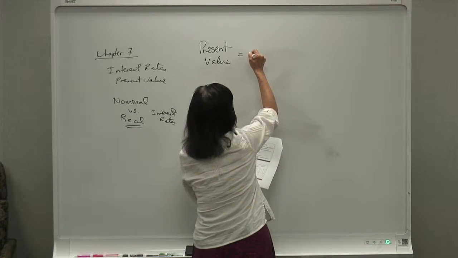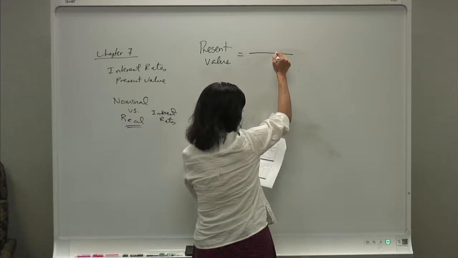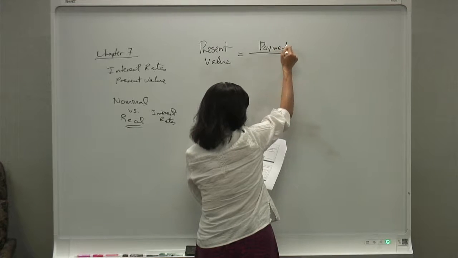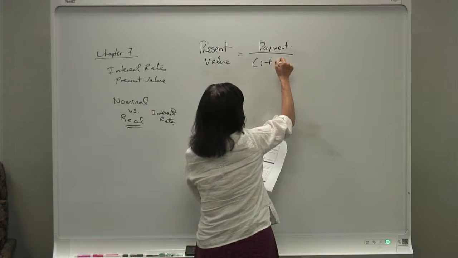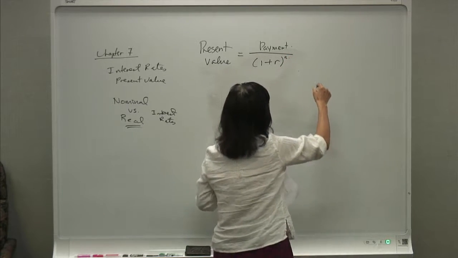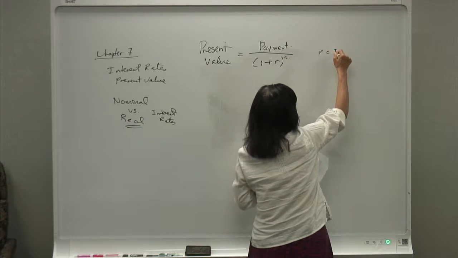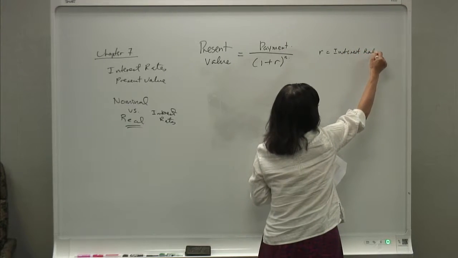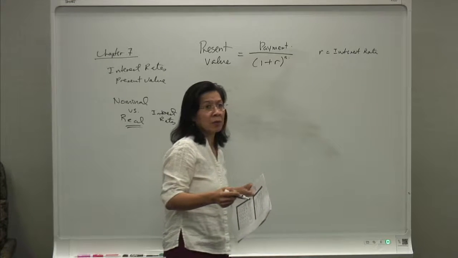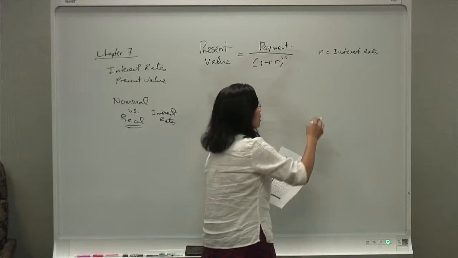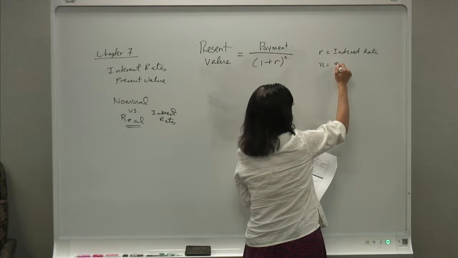Present value is your future payment divided by 1 plus r raised to the power n. Your r is your interest rate, for example 1%, 5%, 10%, or 20%, which is extremely high, and n stands for the number of years.